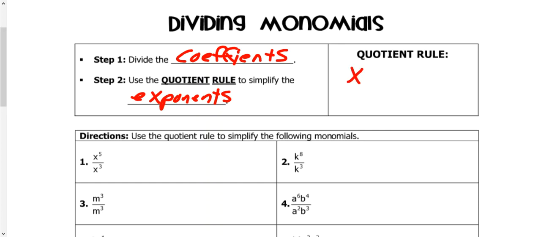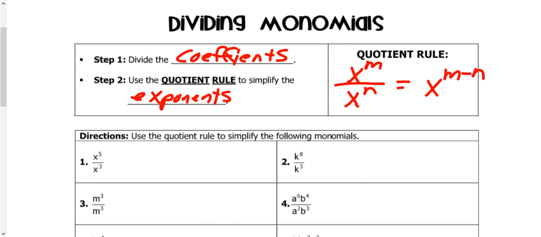If we have some number to the nth power divided by that same number to the nth power, that gives us x to the m minus n. So essentially, when we are dividing monomials, we subtract the exponents.